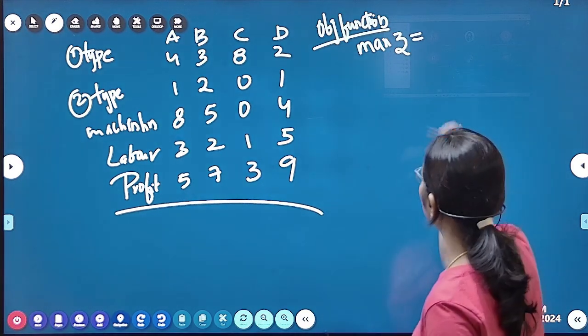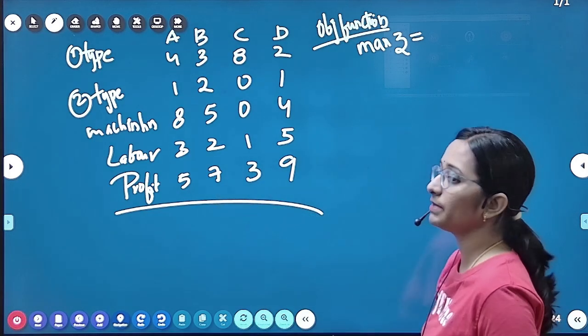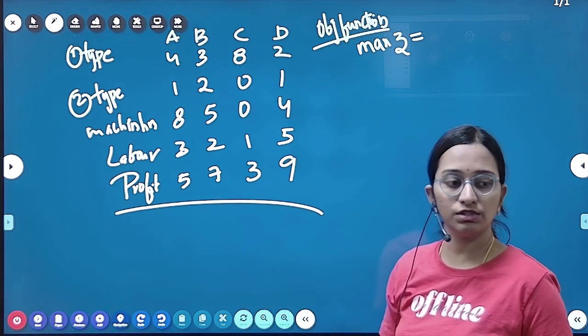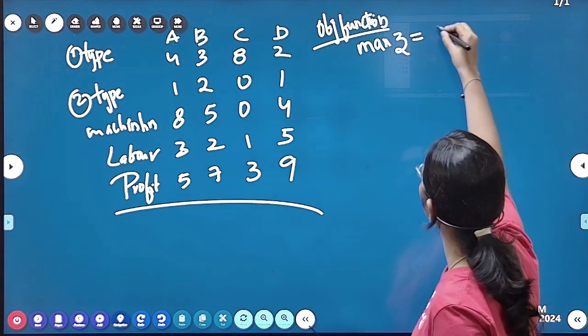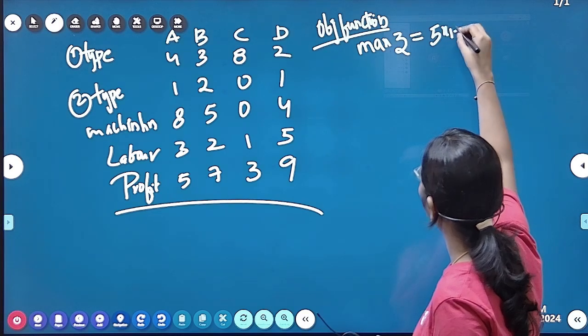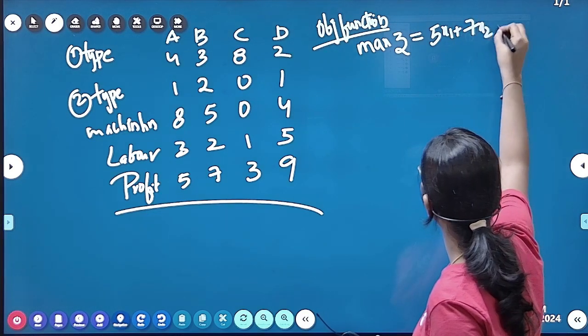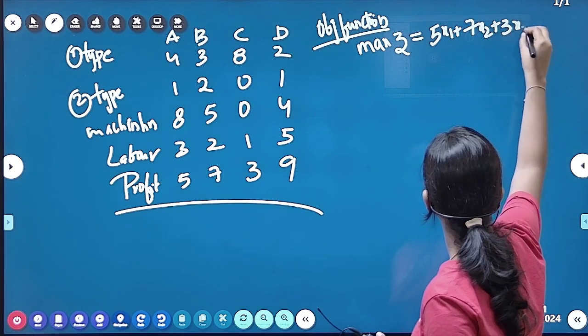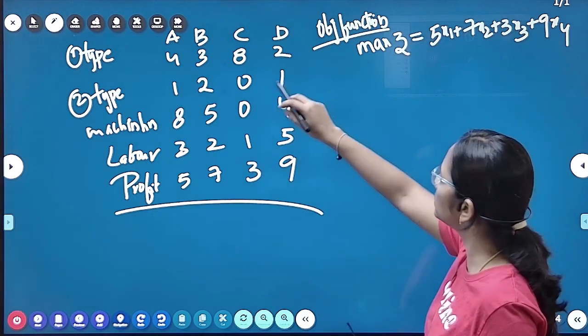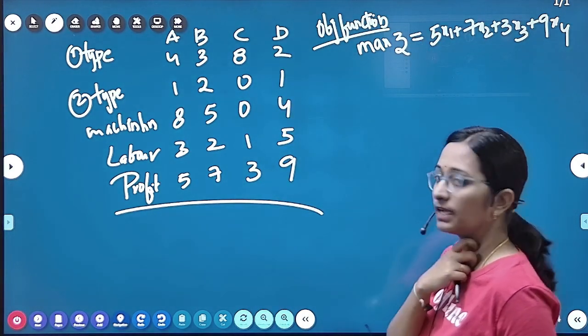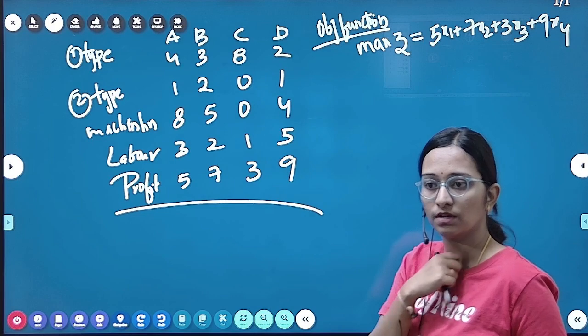Maximization. The profit should always be maximized and cost should always be minimized. So maximize 5x1 plus 7x2 plus 3x3 plus 9x4. You need to write A, B, C, D as x1, x2, x3, x4 in the exam.